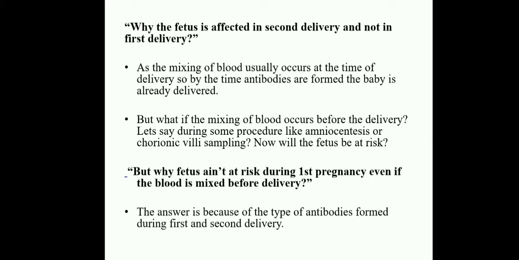But why is the fetus not at risk during the first pregnancy even if the blood is mixed before the delivery? Why is the first baby not affected, unlike the second baby? The answer is because of the type of antibodies formed during the first and second delivery.